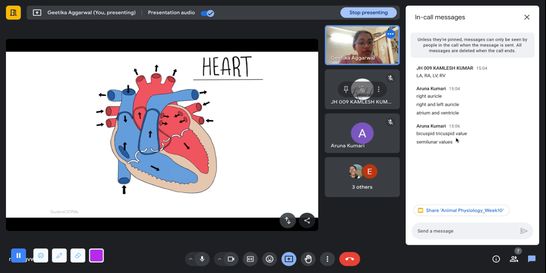Okay, so you're saying bicuspid, tricuspid valves, and the semilunar valves. Which ones are the semilunar valves? Are they the ones that separate the atria and the ventricles, or are they the ones present at the openings of the veins and the arteries? What are these two valves? Are these the semilunar valves or are these the semilunar valves?